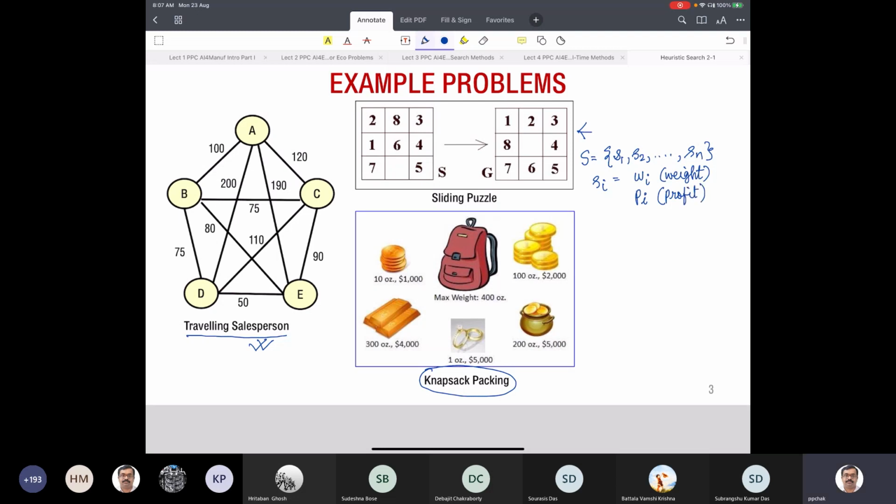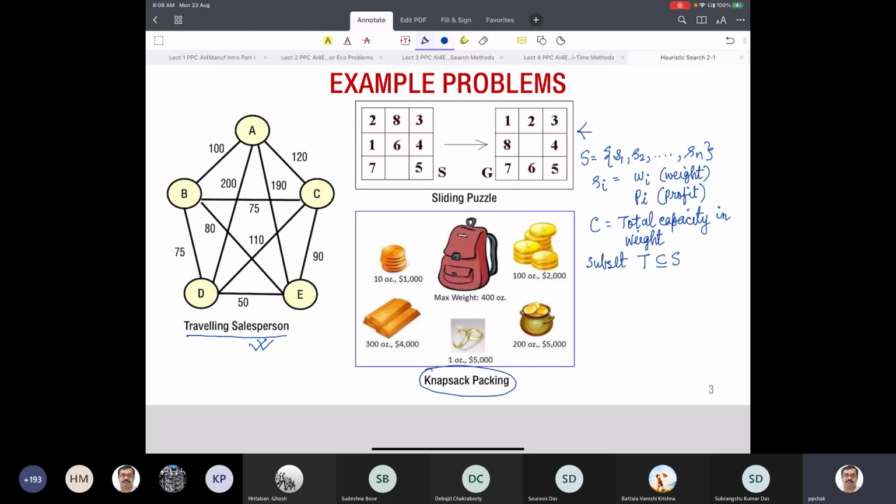The total capacity of the knapsack in terms of weight is C. My objective is to find a subset T which is a subset of S such that, can anybody else tell me what my conditions are?